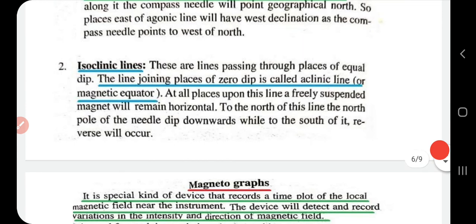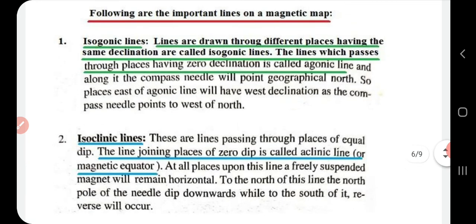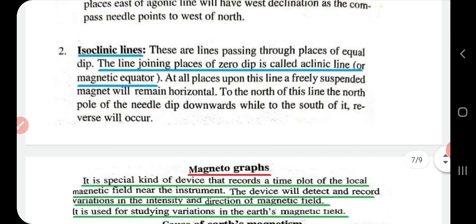Next is isoclinic lines. These are lines passing through places of equal dip. Here it was same declination, here it is equal dip. Now the line joining places of zero dip is called the aclinic line or magnetic equator. At places upon this line, a freely suspended magnet will remain horizontal.